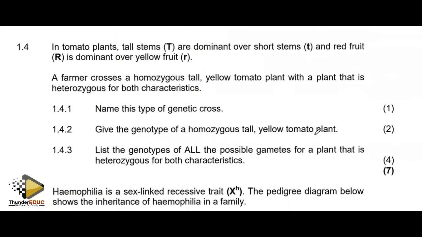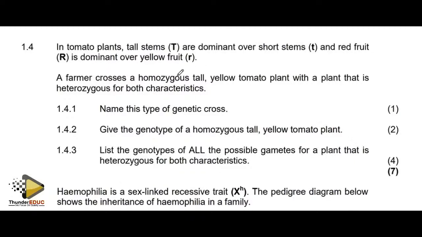In tomato plant, tall stems are dominant over short stems, and the red fruits are dominant over yellow fruits. A farmer crosses a homozygous tall, then it means that it's going to be capital T, with the yellow.